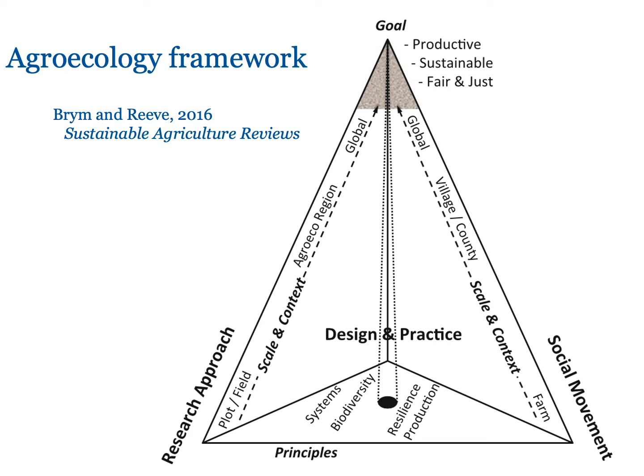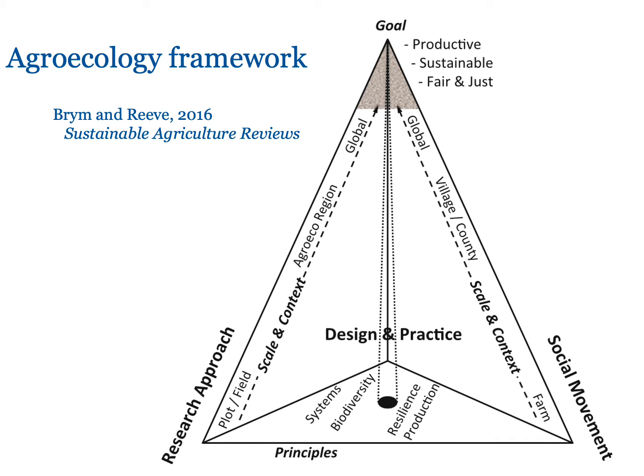I summarize the agroecological framework in this diagram. The principles, systems, biodiversity, resilience, and production are at the base of the pyramid, with the 4 uses put across 3 corners: the research approach, the design and practice, and the social movement. The scales span from the base of the pyramid at that plot and farm level all the way to the global level.